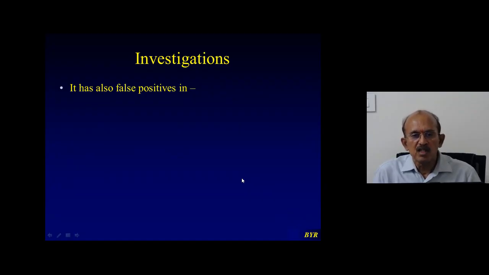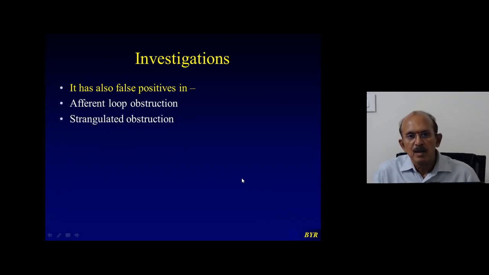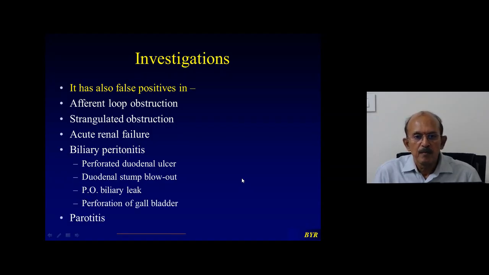It also has false positives in efferent loop obstruction, strangulated obstruction, acute renal failure, biliary peritonitis like perforated duodenal ulcer, duodenal stump blowout, postoperative biliary leak, perforation of the gallbladder, and parotitis.